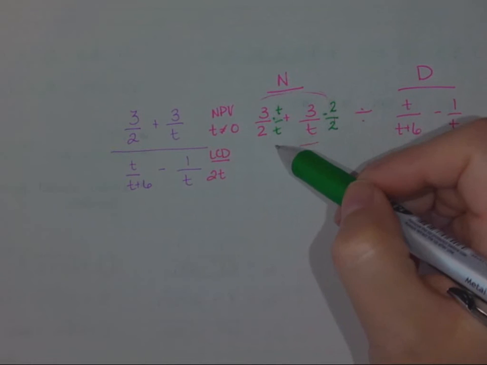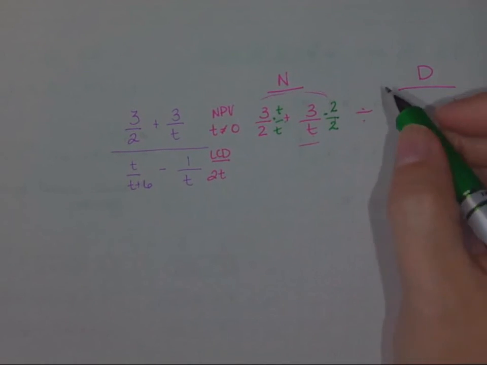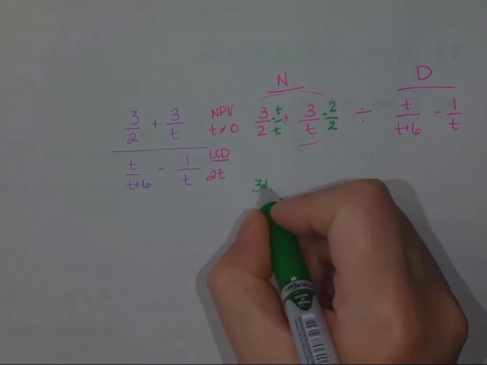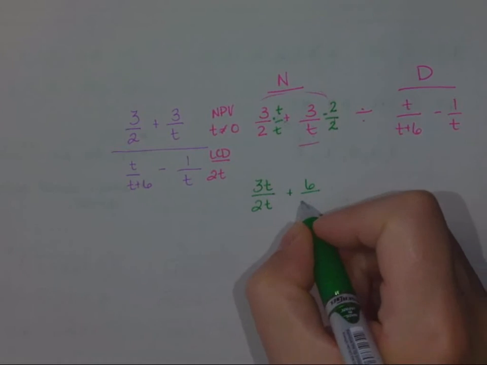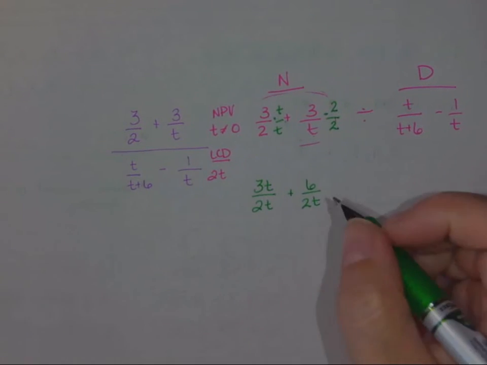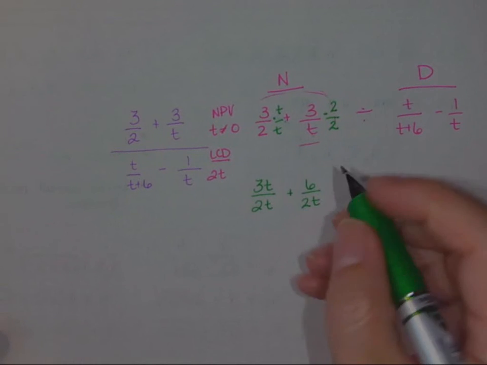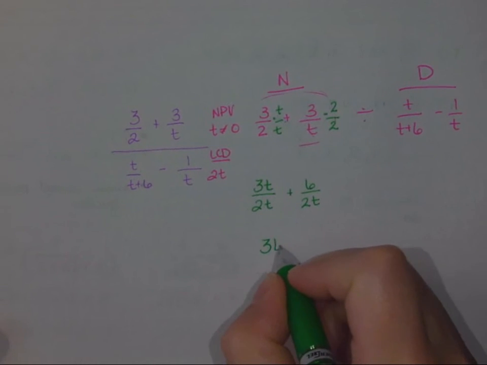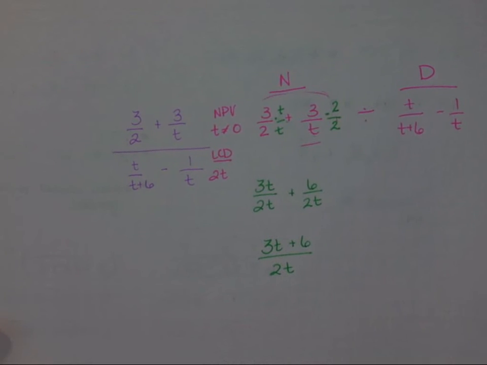Again, each has a value of 1. So I multiply and have 3t over 2t plus 6 over 2t. I'll remind you, don't cancel anything out here because that puts you right back to where you started. We need that common denominator. So I have 3t plus 6 over 2t.